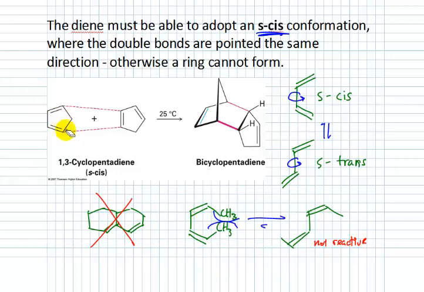Cyclopentadiene, we show that up above, it's locked into that S-cis conformation and is so reactive as a diene that it will actually react with another molecule of cyclopentadiene, just with one of its double bonds as a dienophile. And it'll form a bridged bicyclic compound called bicyclopentadiene. And that's actually how pentadiene exists.